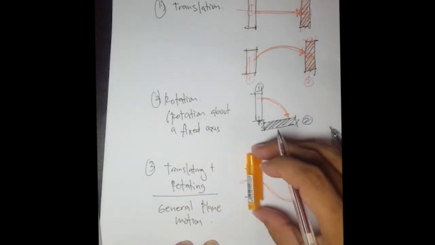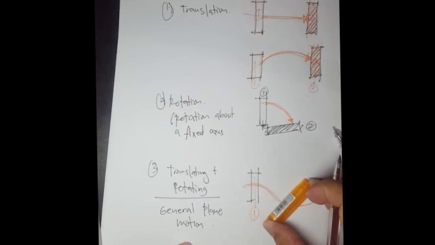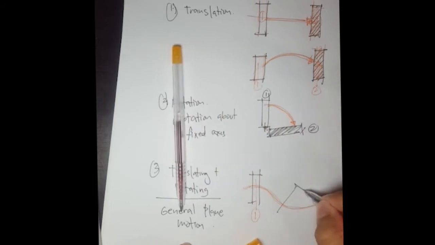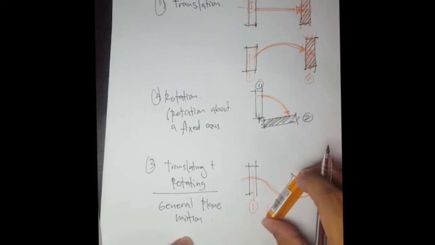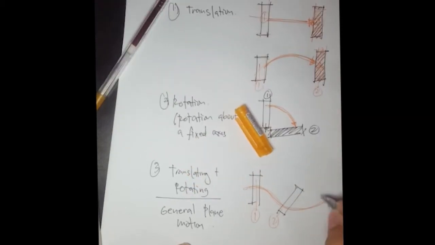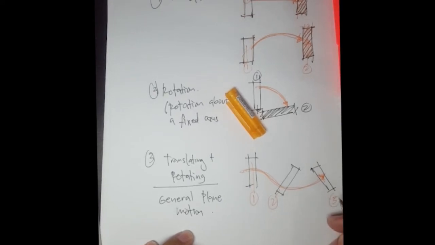At point 1 it's purely vertical, but then at point 2 it translates plus it rotates. Here is point 2, and then let's say it moves like this, and this is point 3. So it undergoes translation plus rotation.